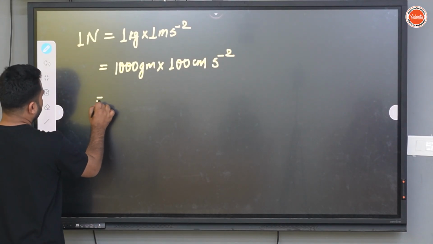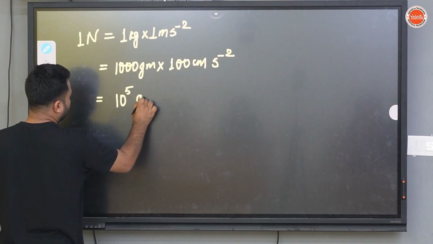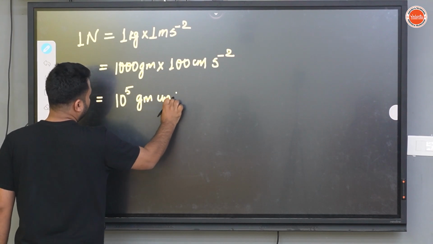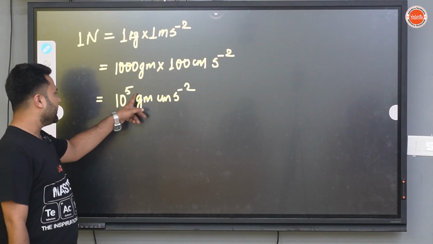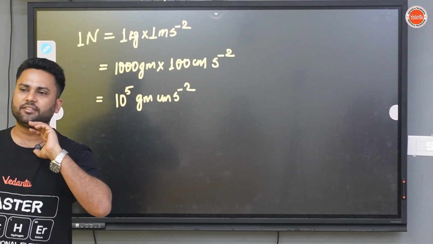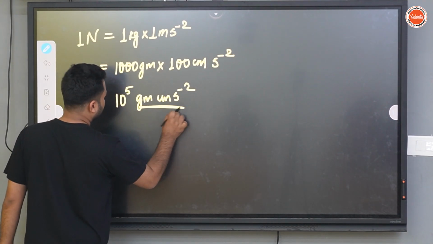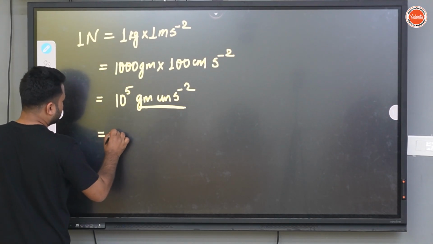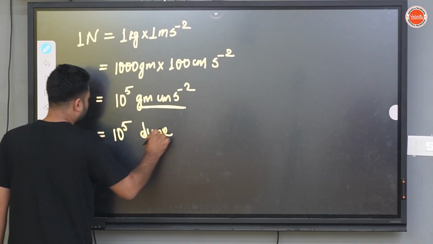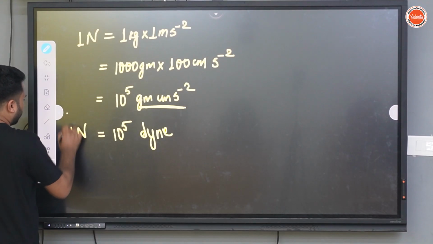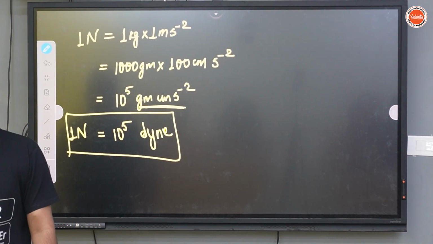So what are we getting? 10 to the power 5 gram centimeter per second square. So centimeter gram second. Now we have got it in CGS, and this CGS unit they call dyne. So 1 Newton equals 10 power 5 dyne.